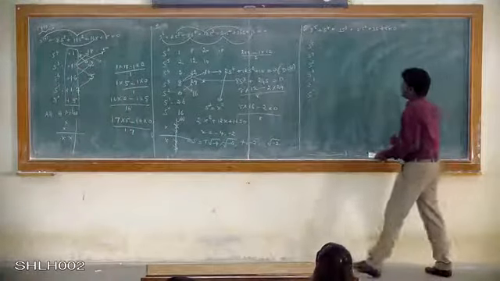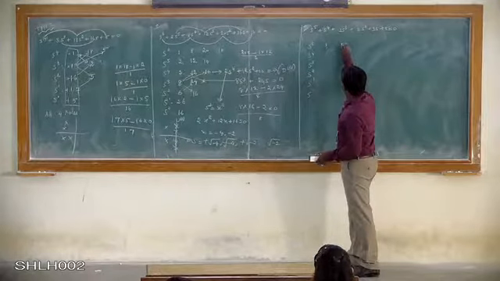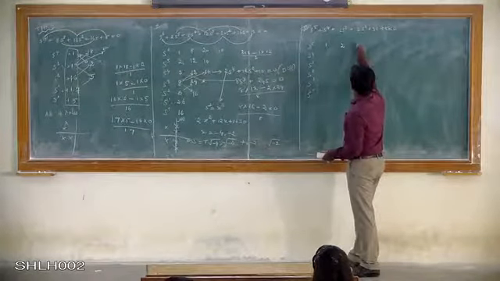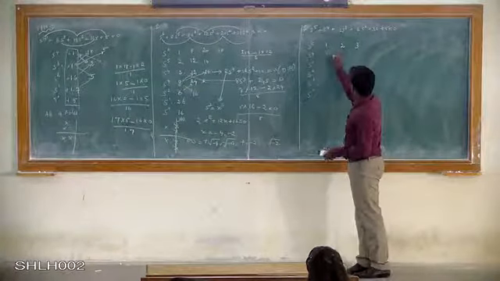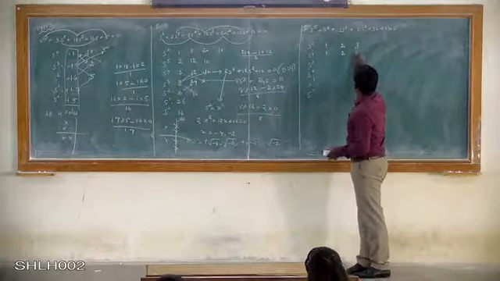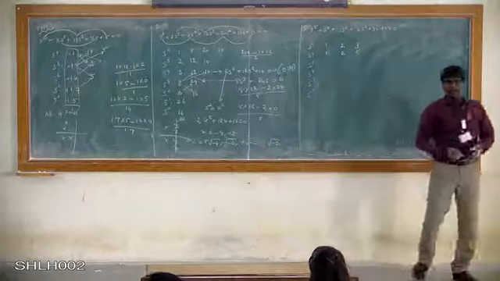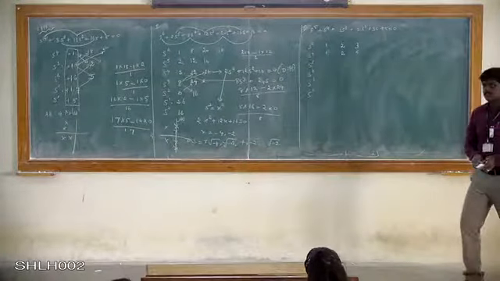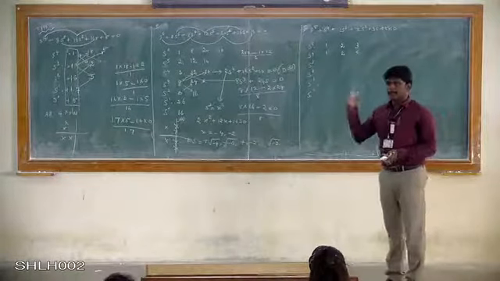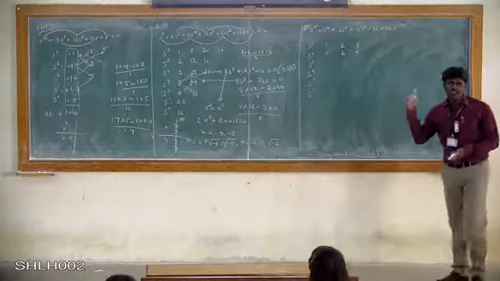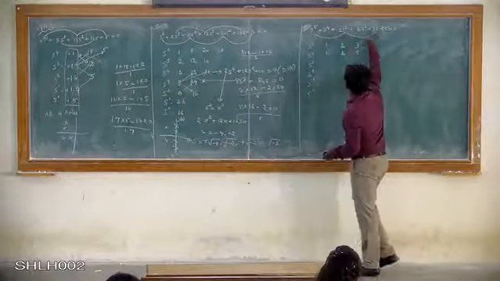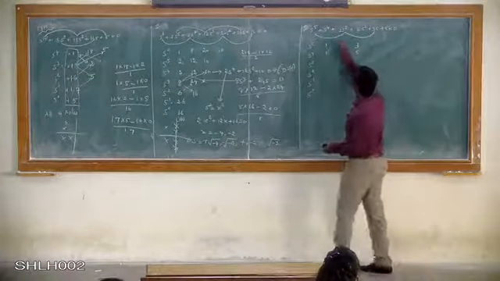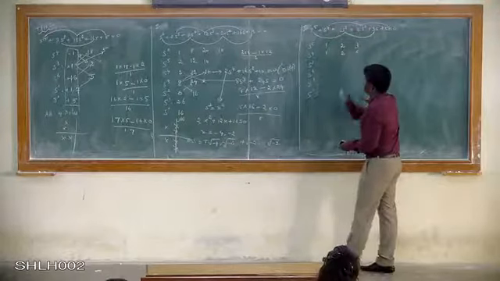First row will be 1, 2 and 3. Second row, for S power 4, will be 1, 2 and 5.